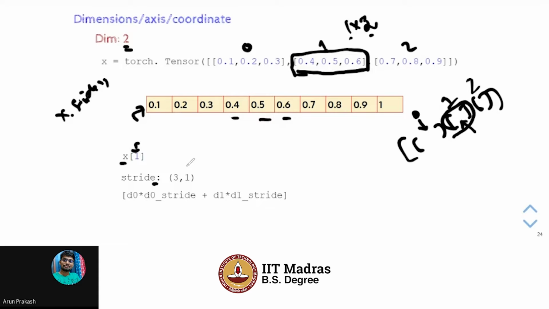So that is where we have to make use of this stride information. Try to understand the concept of stride for one dimension or two dimensions. Later, you can ignore it if you're not able to get that, but at least try to have this understanding here. Just note down how the elements are accessed, how it returns 0.4, 0.5, and 0.6. I will explain that in the next slide.